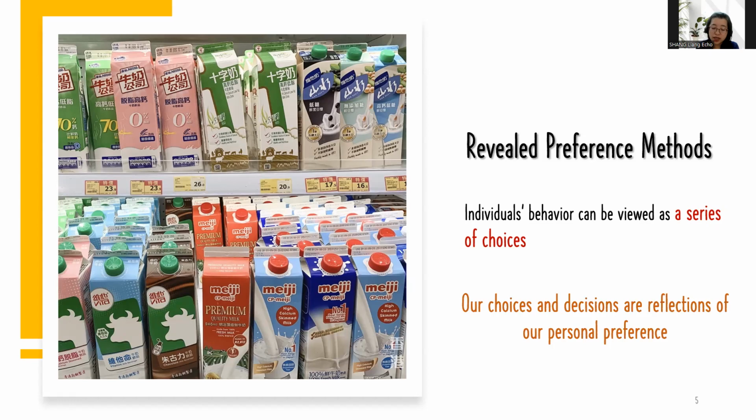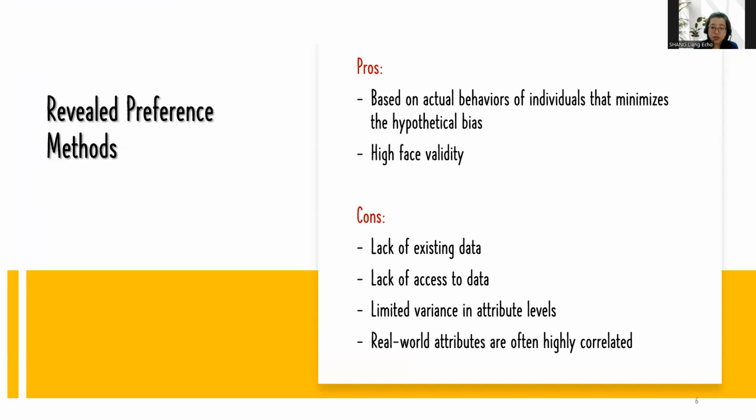So that is the key idea behind this method. Our choices, our decisions are reflections of our own personal preference. This method has a lot of advantages because it's based on actual behaviors, so it's relatively more accurate and minimizes the hypothetical bias.